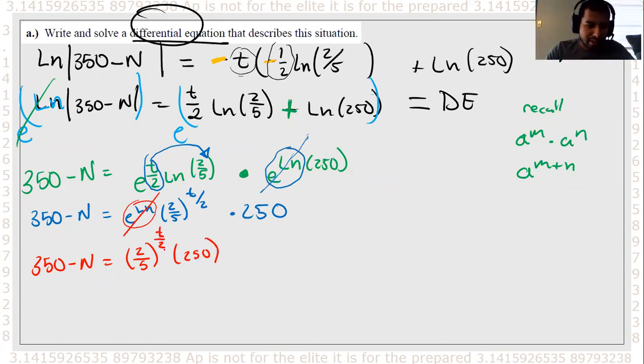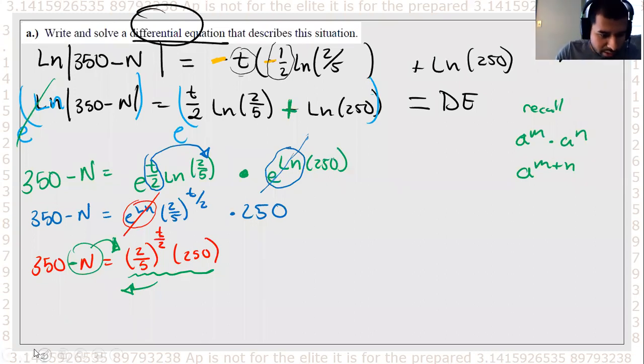We're almost done, guys. This n is negative, so I want to leave it by itself. I'm going to move this to the right and all of this to the left, so n is by itself and becomes positive, and all of this becomes negative.